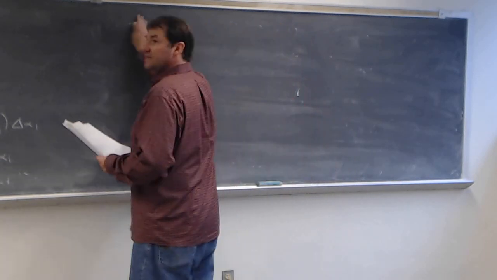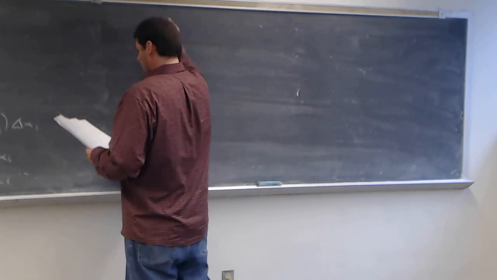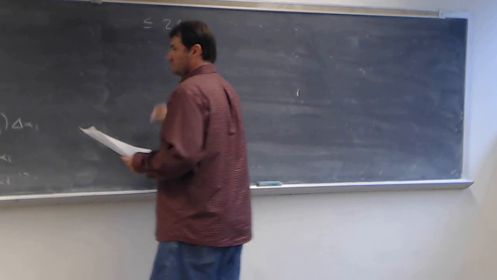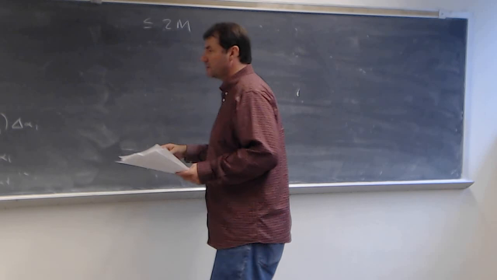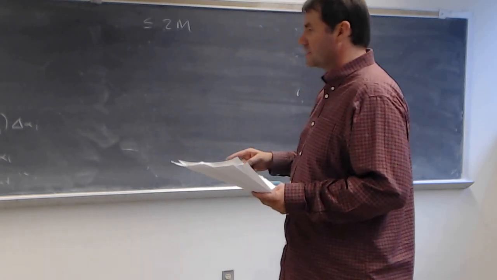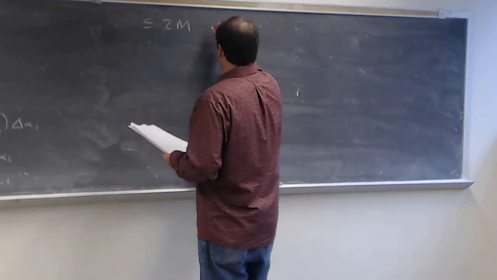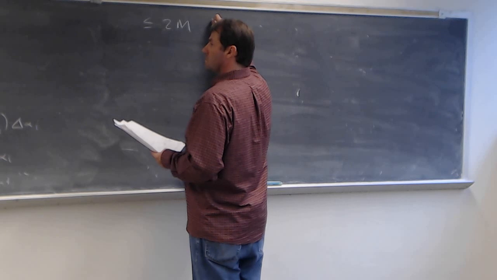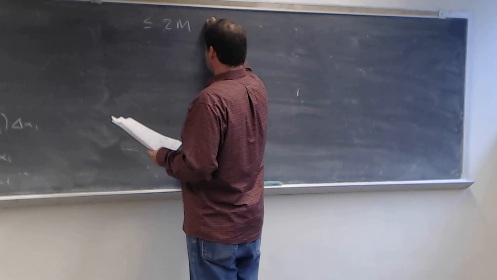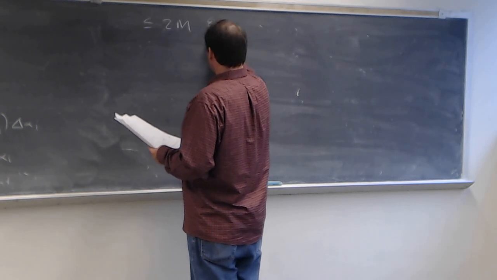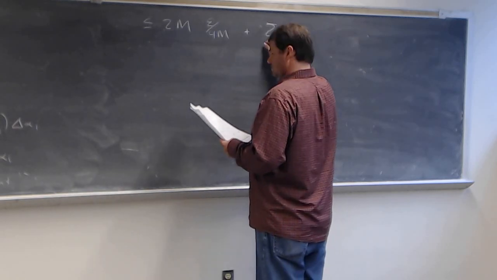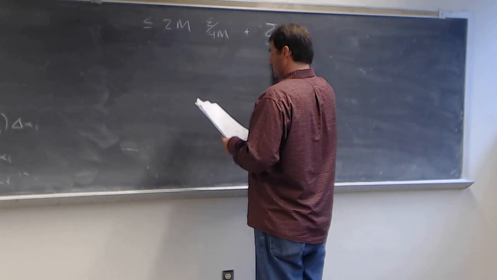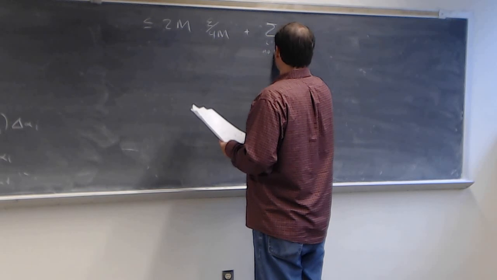Then that's going to be less than or equal to 2m. And then for the sum that contains points of discontinuity, that's going to be less than epsilon over 4m, plus the sum over the i's with no discontinuities.